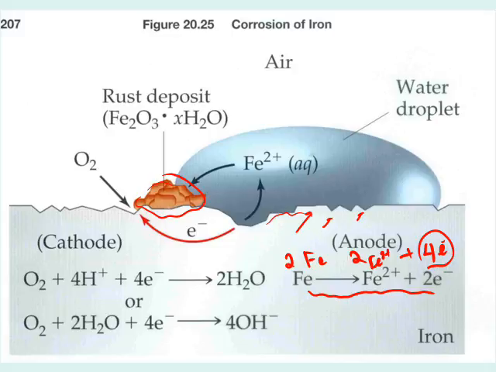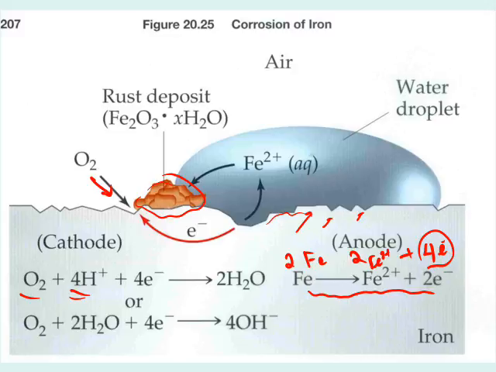because it's oxidation, and that will be taken up at the cathode side where you have plenty of oxygen from atmosphere. So oxygen you have on this side, in presence of H plus. H plus is always there in any water droplet because of acid rain, or even pure water has some H plus too.